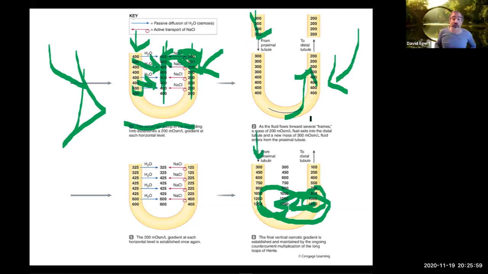I think it's totally cool how it does it. Again, in the Sherwood book, she spends more time going into the details. I don't think Silverthorn goes into the details as much. But I think it's really kind of cool. That's what's happening there. Okay, I think I get it now.